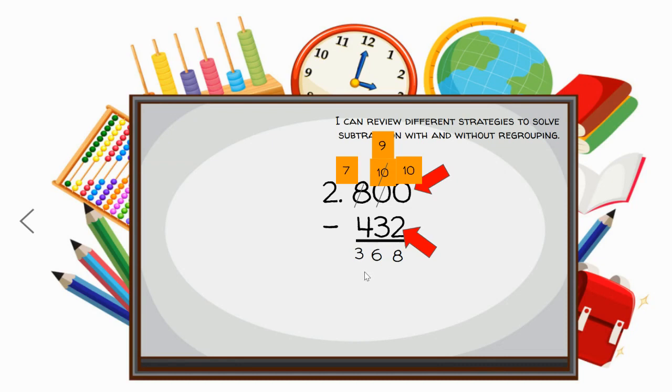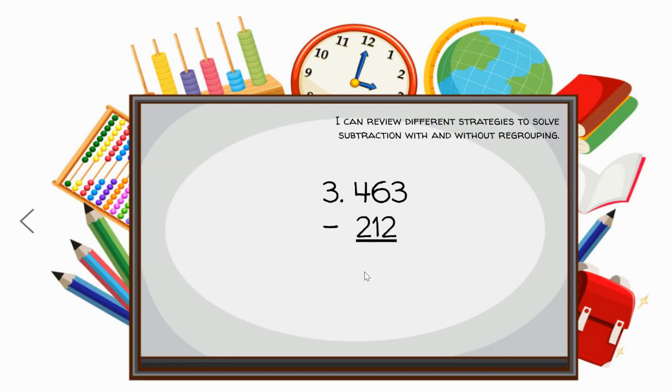Oh my gosh. And this is the last problem that I'm going to show you right now. So we always need to check the ones position first. If the number on the top is greater than the one on the bottom, I have no problems, and I just start a simple subtraction without regrouping. So, can I take 2 out of 3?